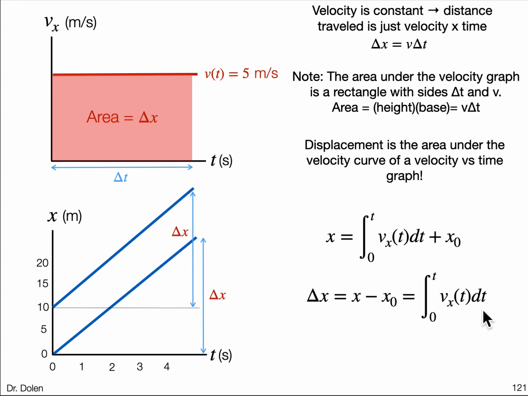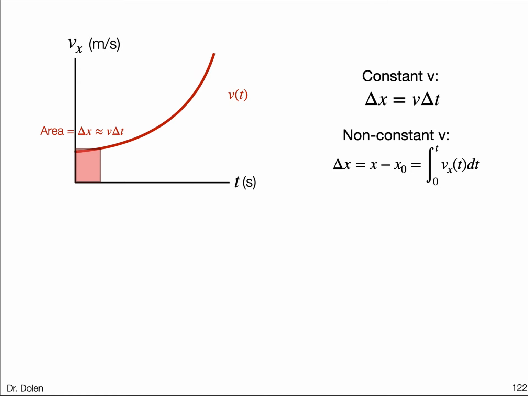So this area under this rectangle corresponds to this distance. If I know my velocity as a function of time, I can figure out something about my position as a function of time, meaning I can figure out my displacement in that period of time. Okay? And if I have a harder situation where my velocity is changing with time, well, this is when calculus really comes into its own.